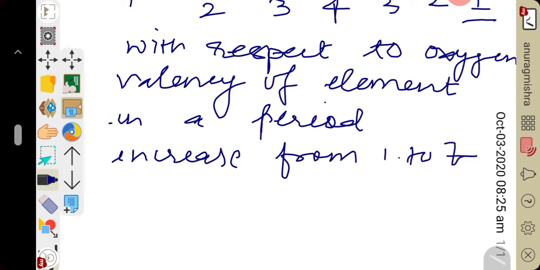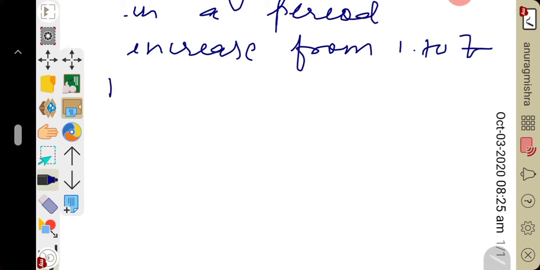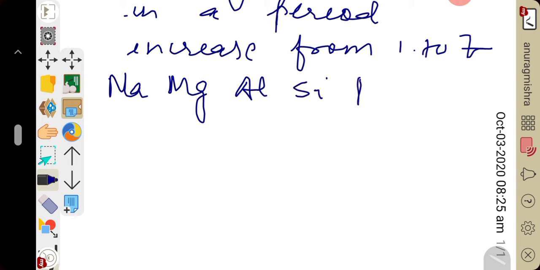Let's see. We will consider period number 3: sodium, magnesium, aluminium, silicon, phosphorus, sulfur, chlorine. You can see how sodium can combine with oxygen.